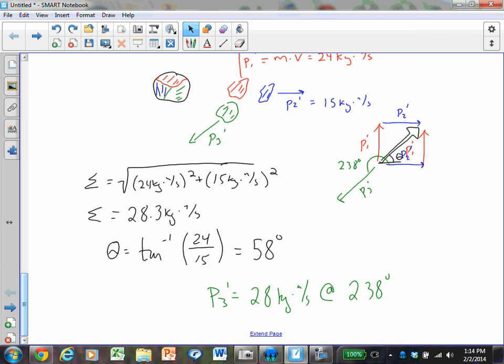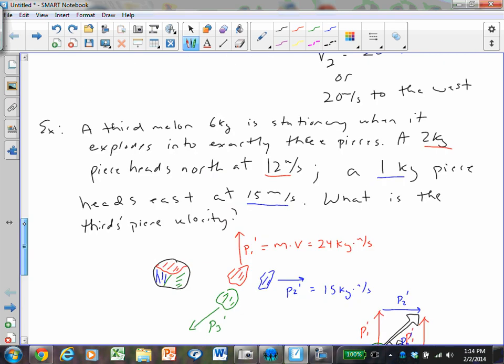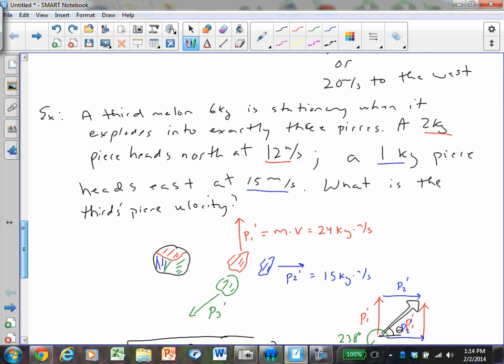Well, P3 equals mass times velocity, which is V3. And the velocity is in the same direction as the momentum. And the mass of it must be, well, we used up 2 kilograms with the north piece and 1 kilogram with the east piece, so that's 3 kilograms. So the mass of this must be 3 kilograms.